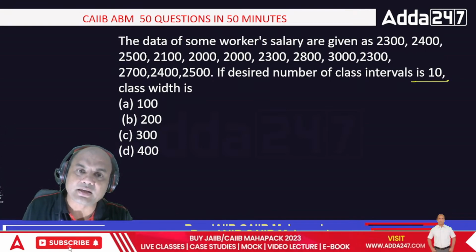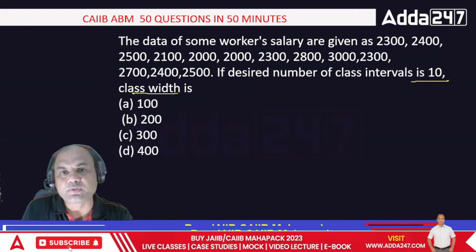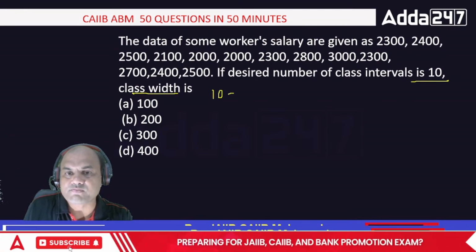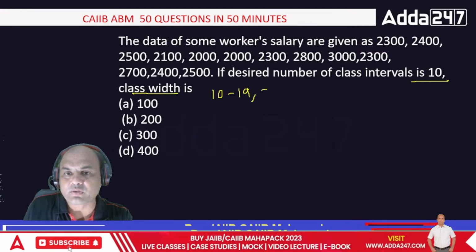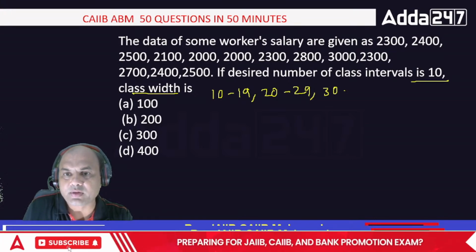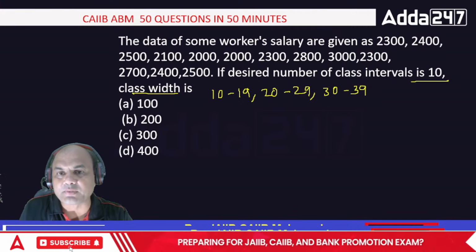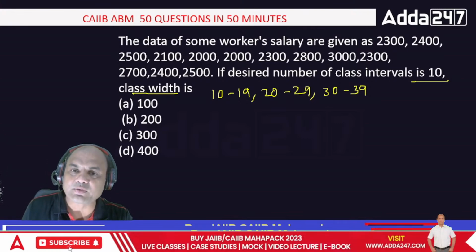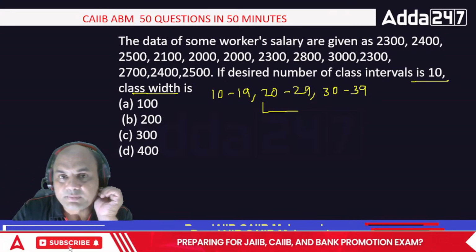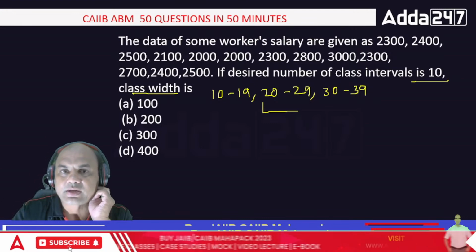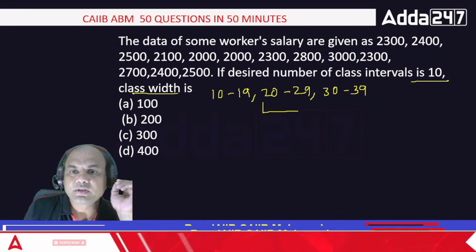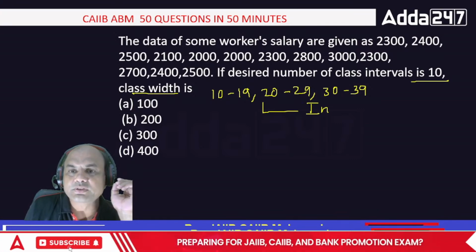Firstly, understand what class width is. Suppose I have classes like 10 to 19, 20 to 29, 30 to 39. What is this type of class called, inclusive or exclusive? Both 10 and 19 are included, so it is inclusive.